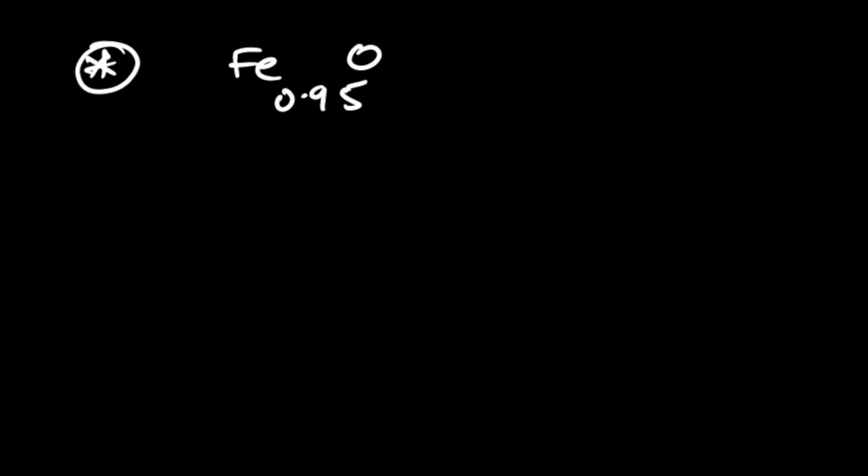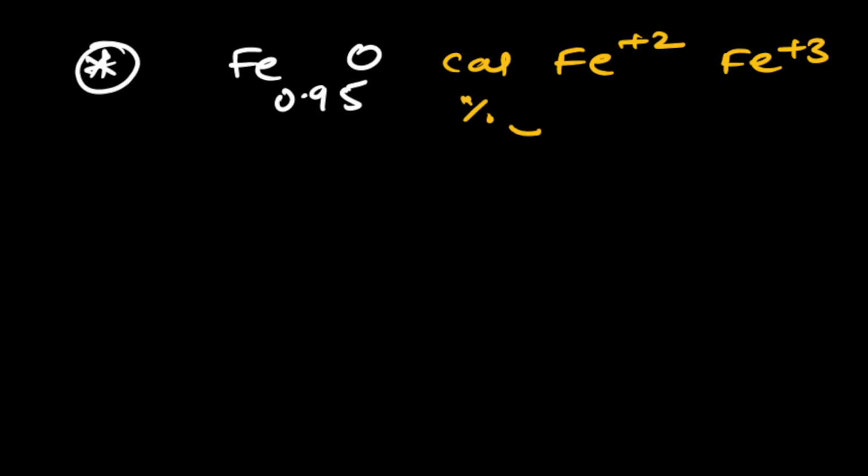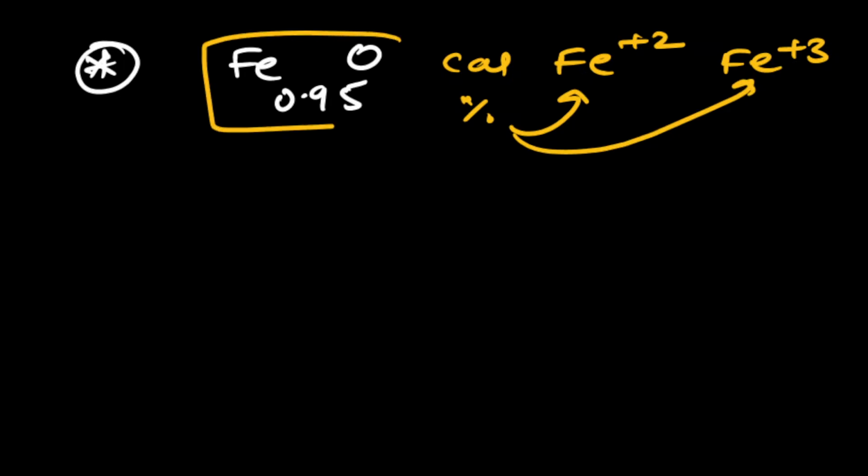Clear? We know it is in the form of a mixed oxide type. For this non-stoichiometric compound they are asking to calculate the percentage of Fe+2 and the percentage of Fe+3 present in it.